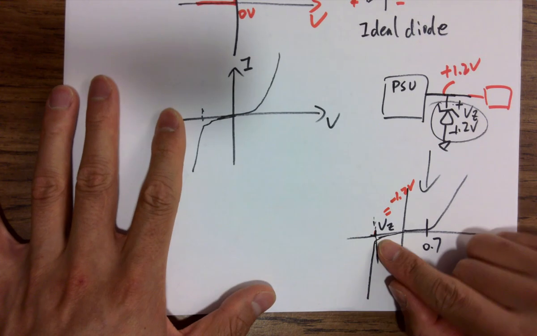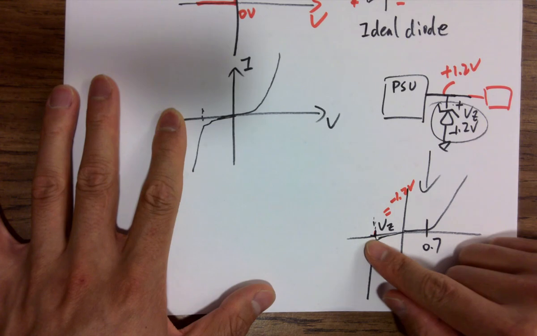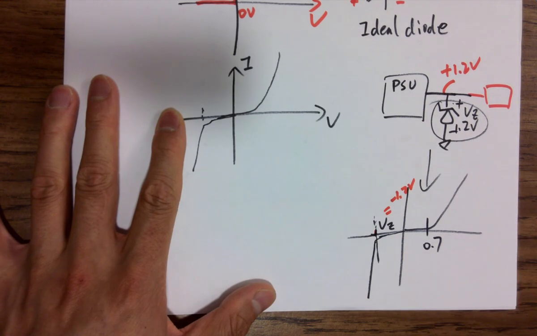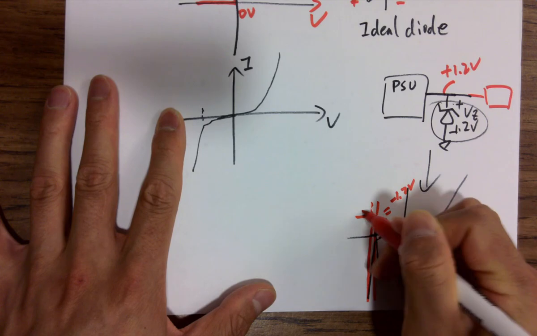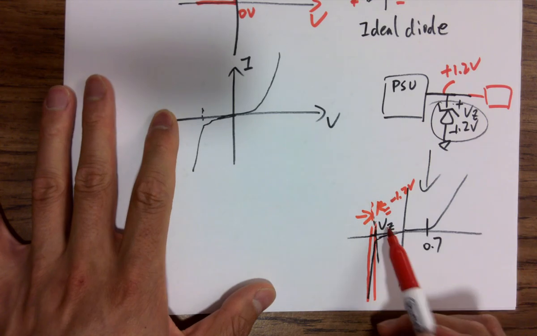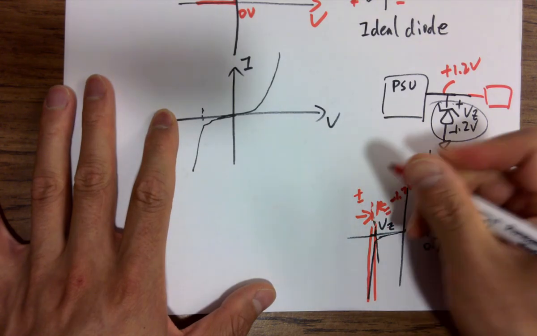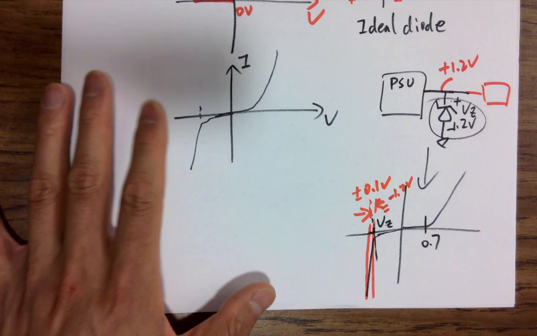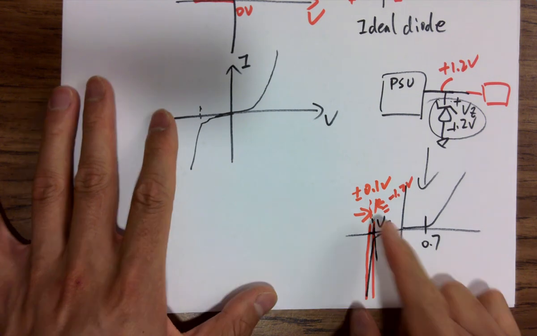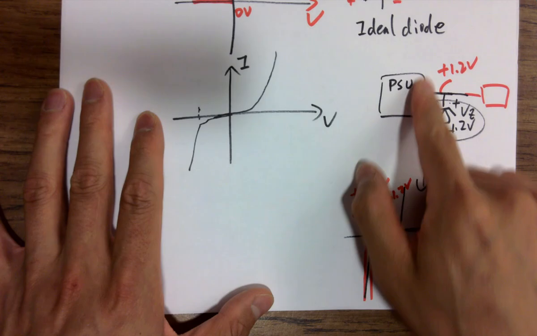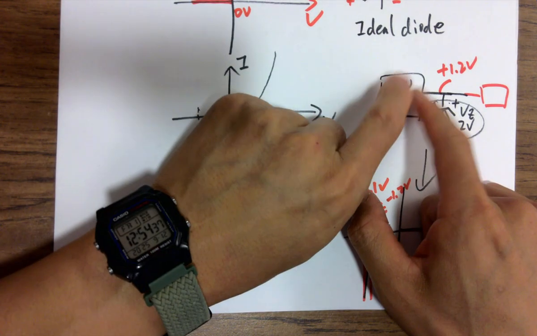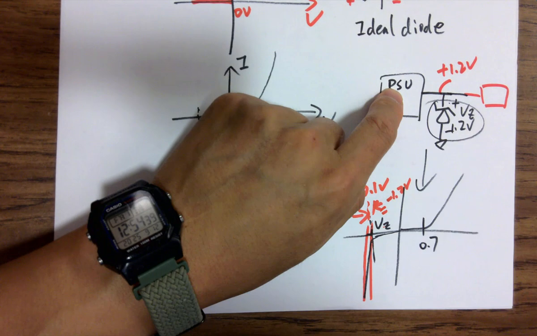It shows you what's going to happen if you try to make this more negative. The voltage here is not really changing. Is it changing? If it shows VZ, it's probably plus minus 0.1 volt or so, but it's still stabilized at 1.2 volts. So say this one has an accident and gives you a surge like this.